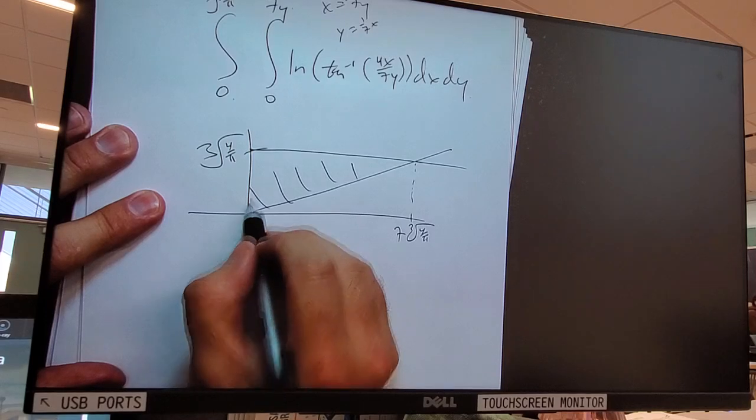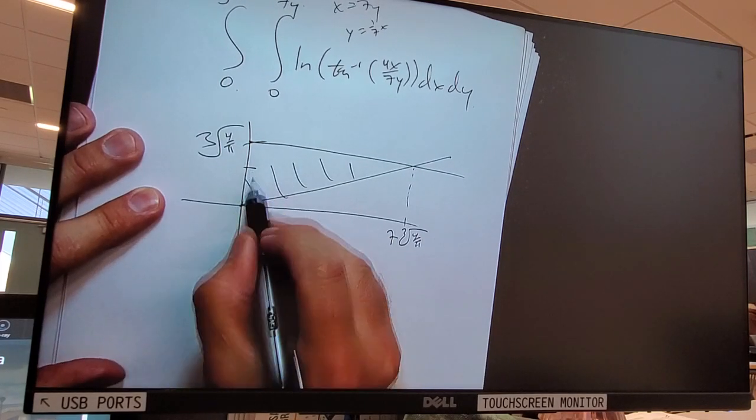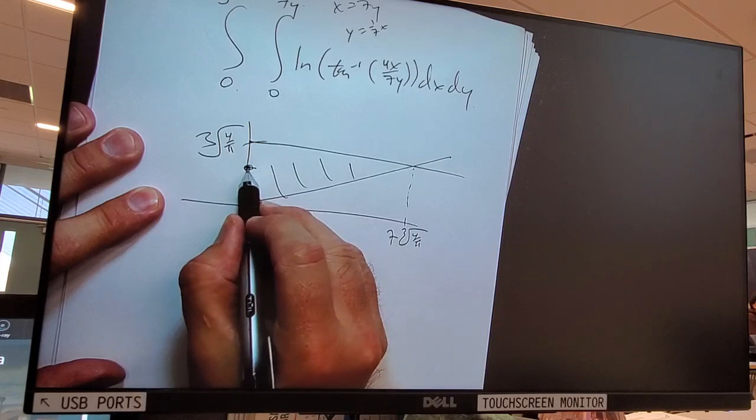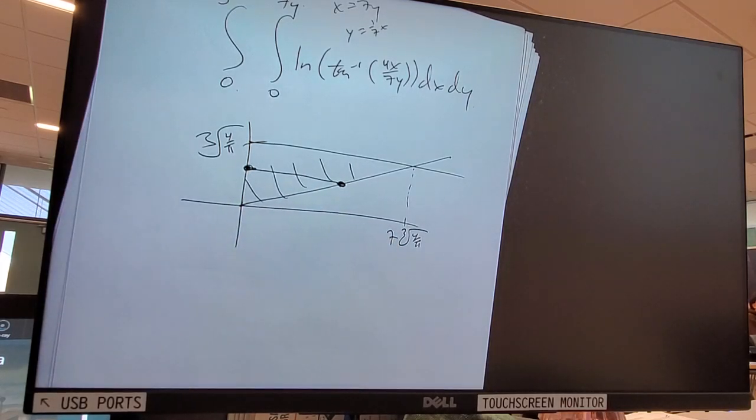As y does its stuff, for any given y, what is x doing? X is starting here and going there. Yes? Do you guys follow? You want to do this for yourself. This stuff is not intuitive. You can't just draw it and know right when you see it. Hell no.